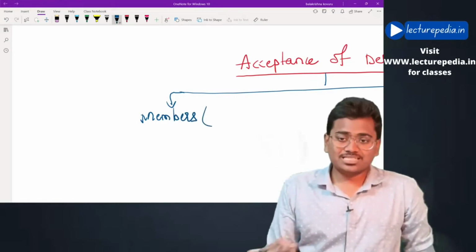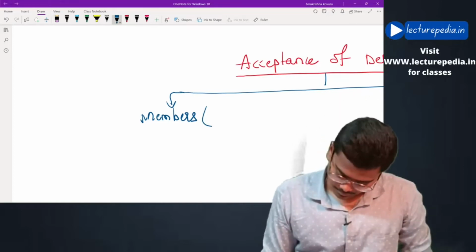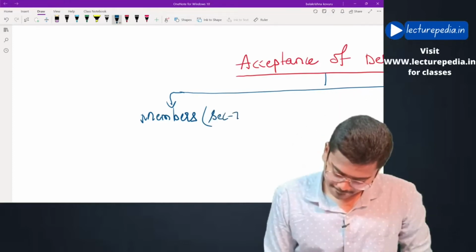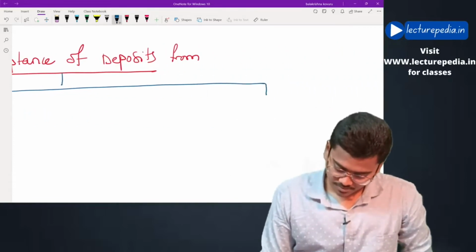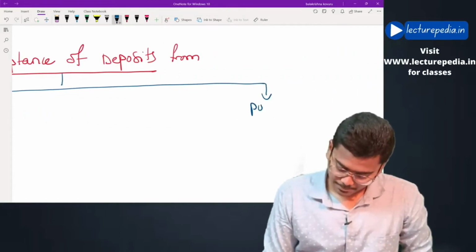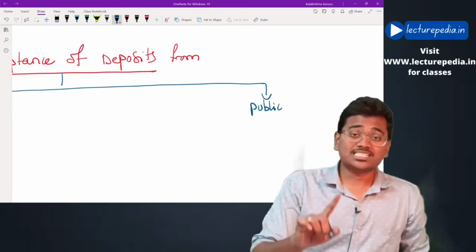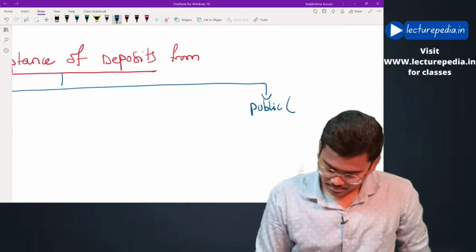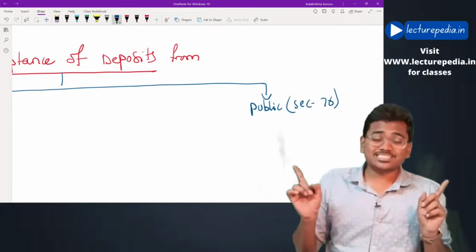In case of raising deposits from members, section number 73. And the other one from public. For raising deposits from public, section number 76. These two sections we will be discussing together.